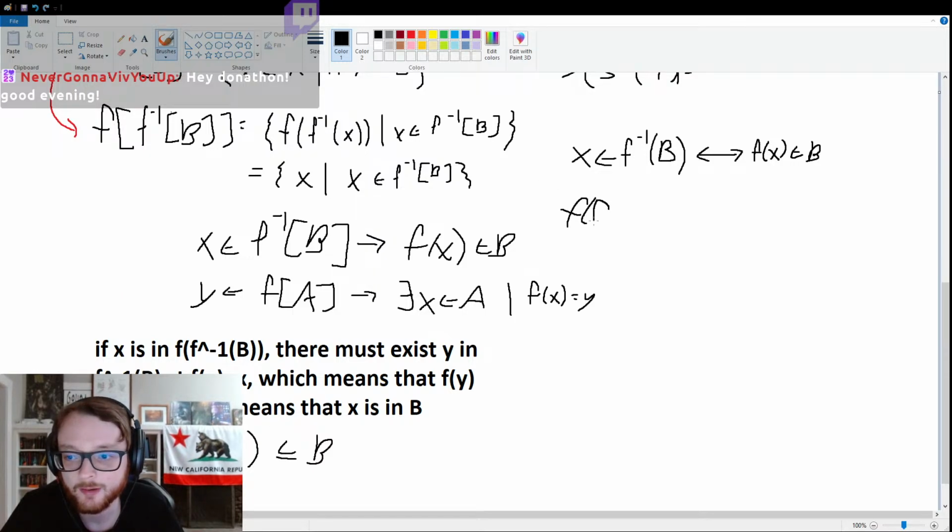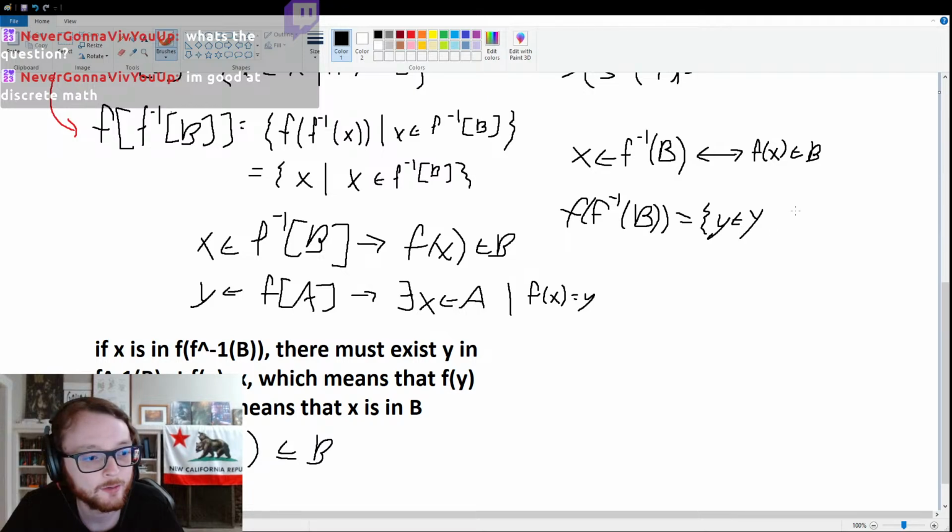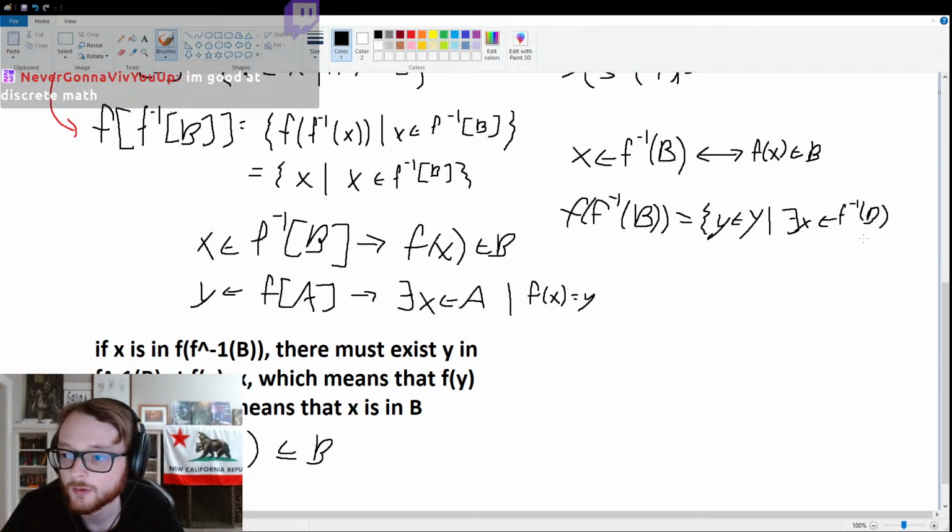Then f of f inverse of B is equal to the set of y such that there exists an x in f inverse of B such that f of x equals y.